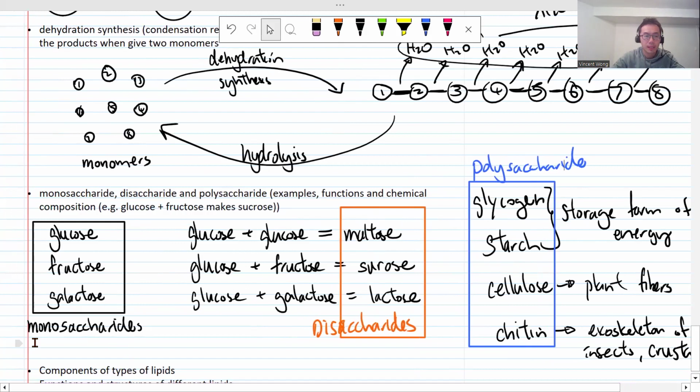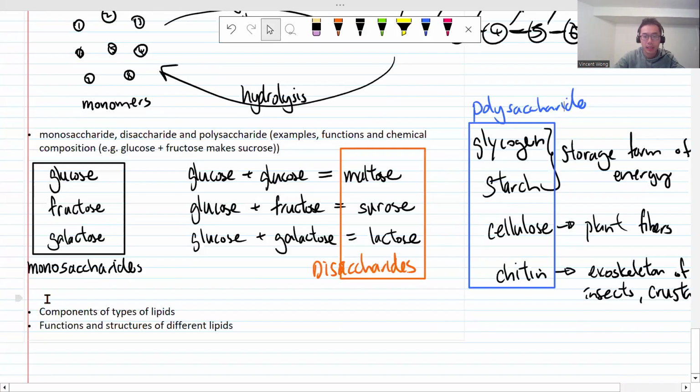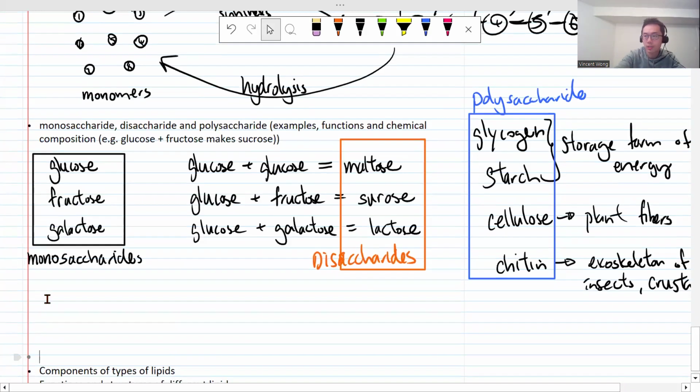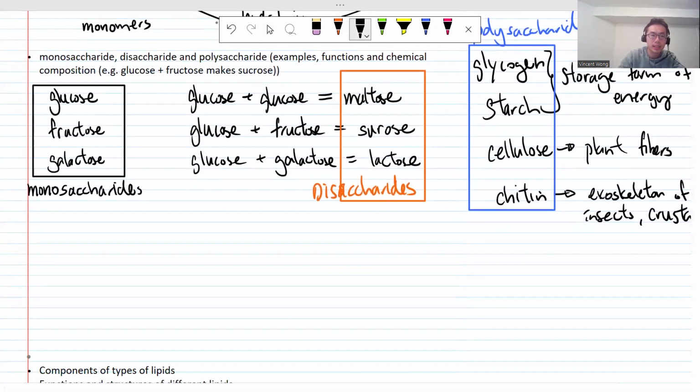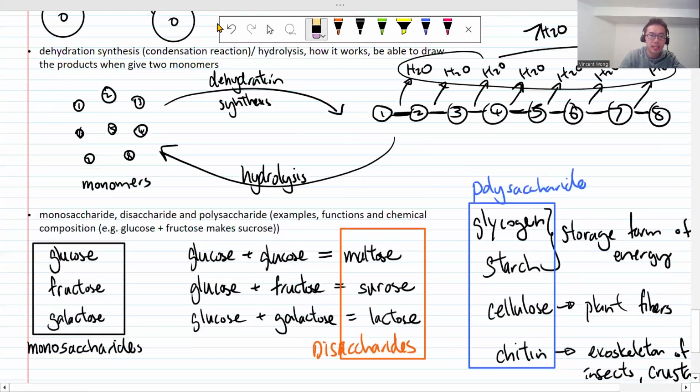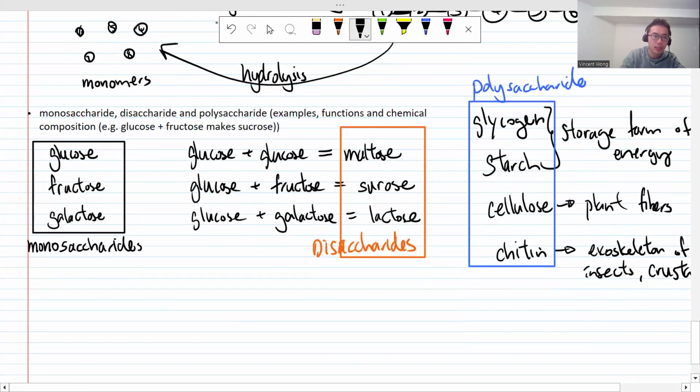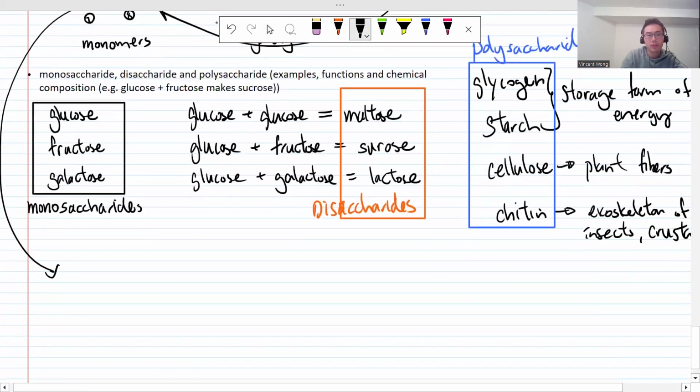All right. Now, I kind of forgot to mention this one, but in the dehydration synthesis here, let's take a closer look. By now you should know glucose has a hexagon shape.